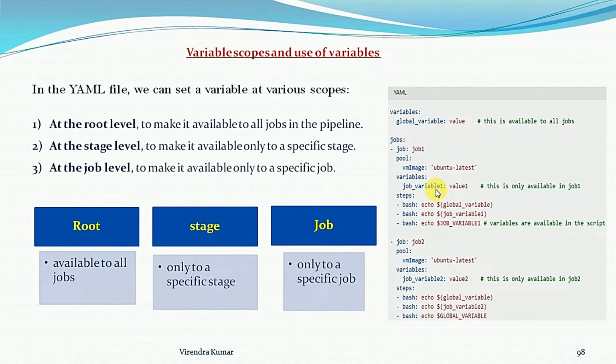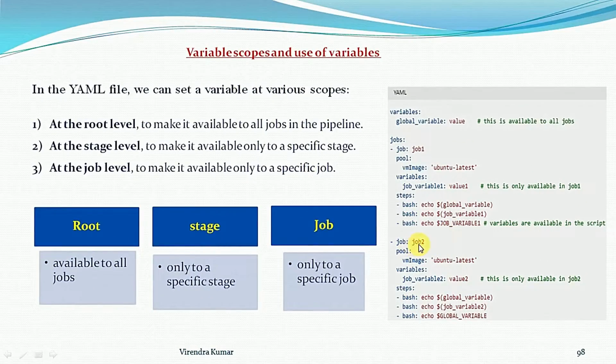It is available only to job 1, and under these steps we can access only this value. This is job 2. For job 2 we define variables, and if you want to access the global variables, it will give you the global variable value, the job variable 2, and the global variable.